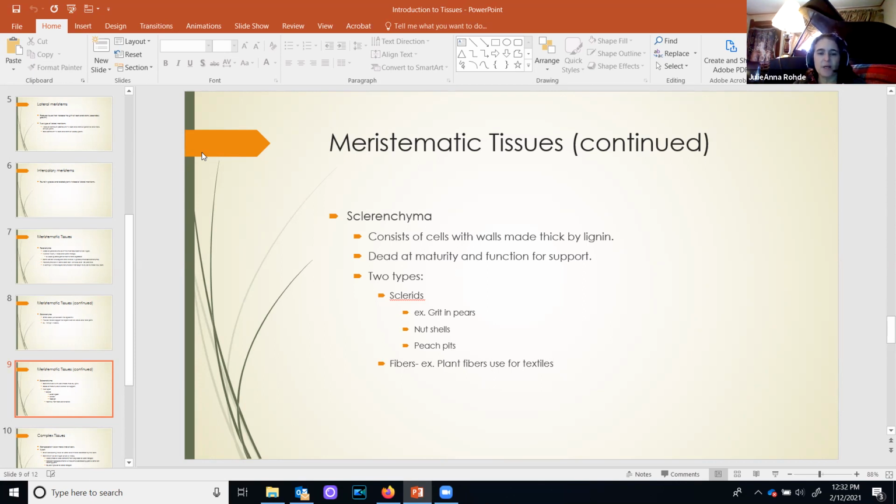And then we also have sclerenchyma that make up fibers, like plant fibers that are used for textiles. If you are familiar with linen fabric, that's made from the flax plant. The stem of the flax has these long strings, kind of stringy like your celery, but those are different cells.